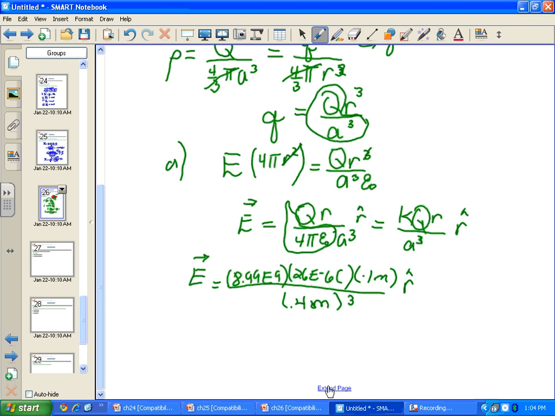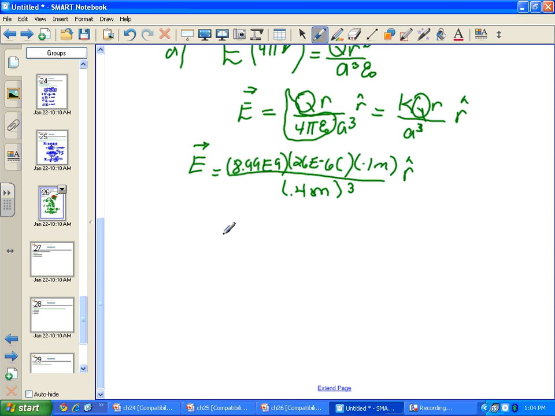Of course, that's the radius of our charged sphere. And we get a result of 3.65 e to the 5 newtons per coulomb in the r hat direction.